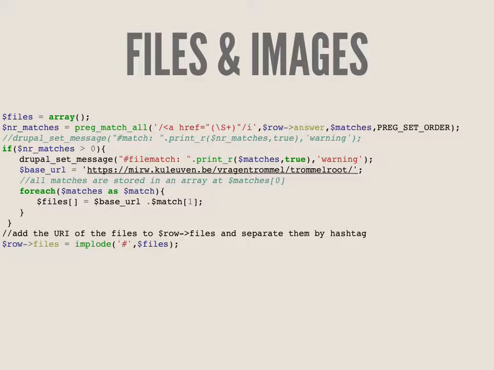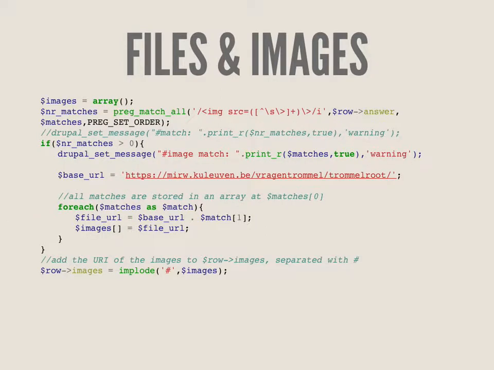So the Migrate module takes care of downloading the files, storing them in the right file system, and so on. For the images, it was basically the same story. The only difference is mapping it to a different field, but the strategy was the same: do a preg_match_all, loop over all matches, fill an array, and finally implode them with a hash.